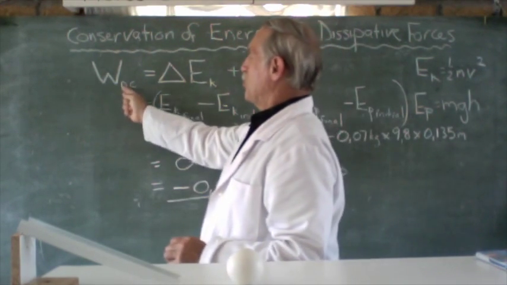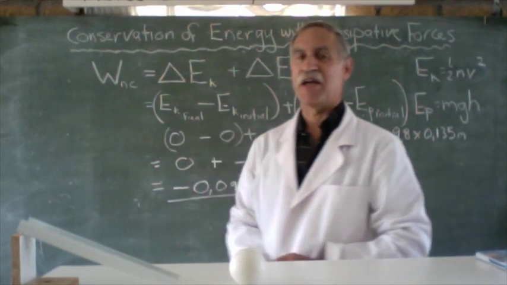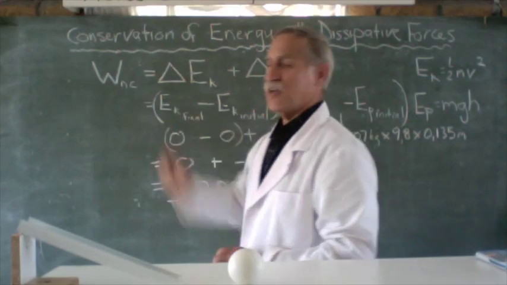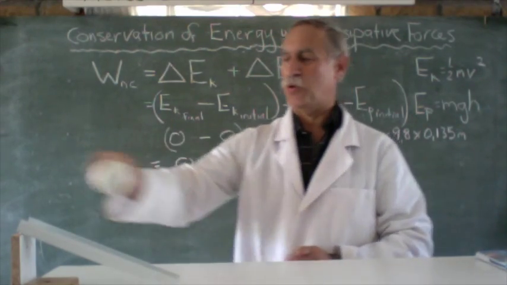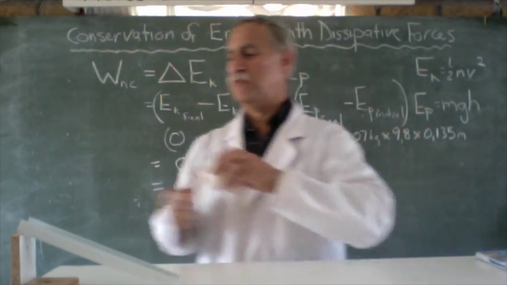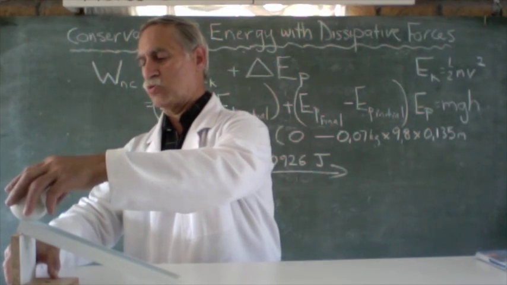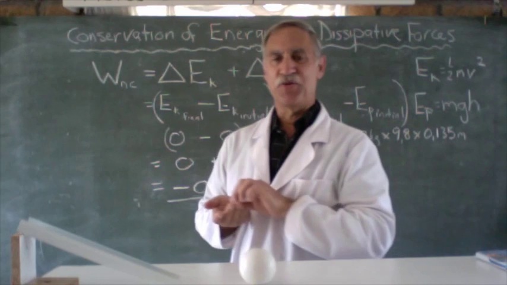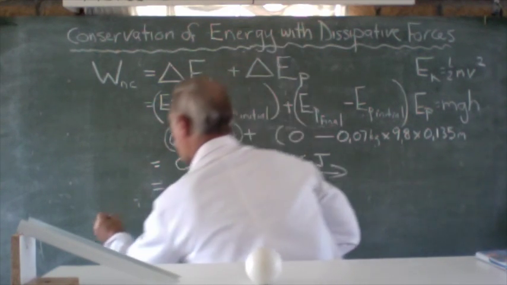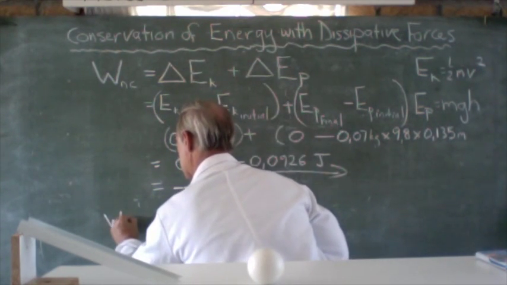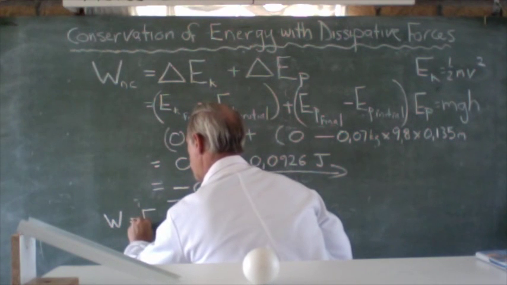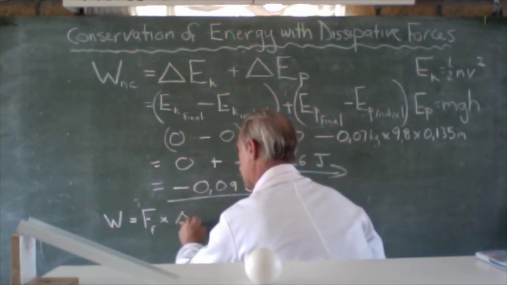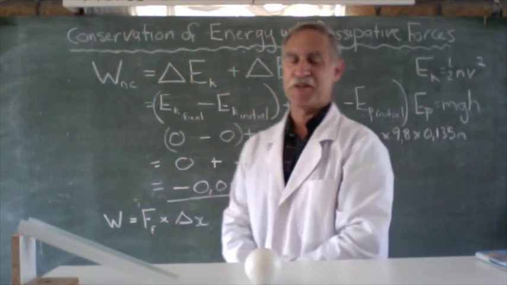Now we're talking about non-conservative forces and the work done. How about, just for the fun of it, we work out the frictional force of this ball. The way we're going to do it is as follows. We're going to allow our ball to roll from the top and come to a stop. And we're going to use the formula work done equals force of friction times delta x, or displacement.